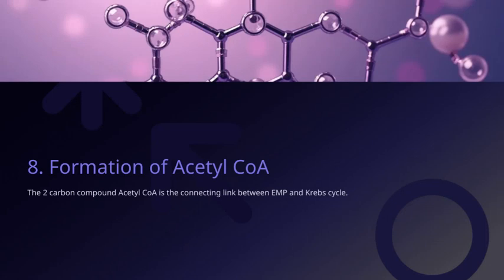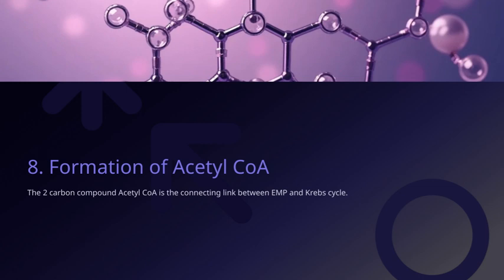Now let's talk about the formation of acetyl-CoA, which is a crucial step in metabolism. As you can see, acetyl-CoA is a 2-carbon compound, and it acts as a key link between the Embden-Meyerhof pathway, or EMP, and the Krebs cycle. Essentially, after glycolysis produces pyruvate, this pyruvate is converted into acetyl-CoA.